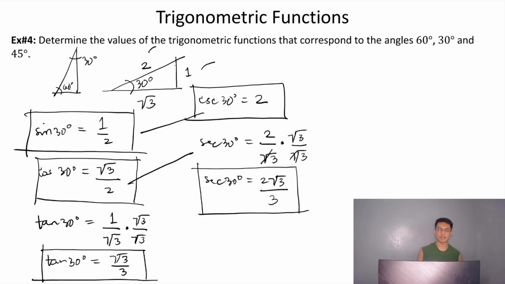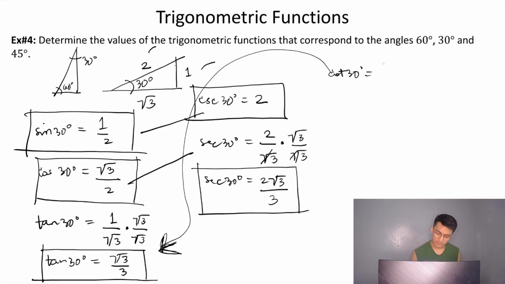And for the last trigonometric function value, for cotangent 30 degrees, the reverse function of ito, yan, 3 over square root of 3. We should rationalize. Ayan, so that we can cancel the radical.